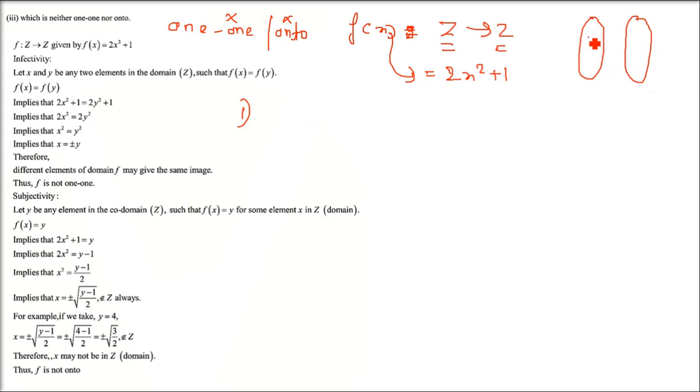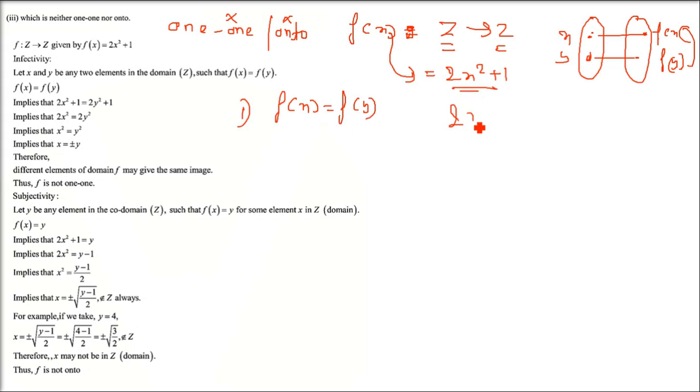So the first one, 1 to 1. 1 to 1 is what? Every element of a set should be related to only and only a single element of y. f(x) and f(y) are equal. If you have f(x) and f(y) equal, then x has to be equal to y. So let us check this.